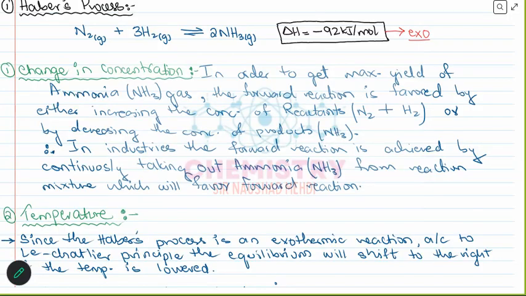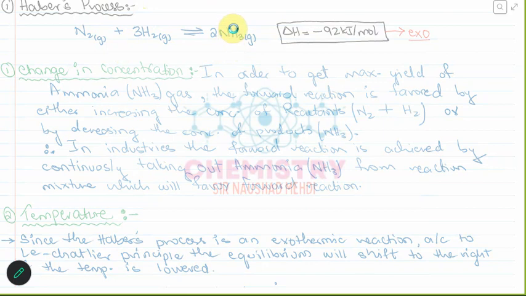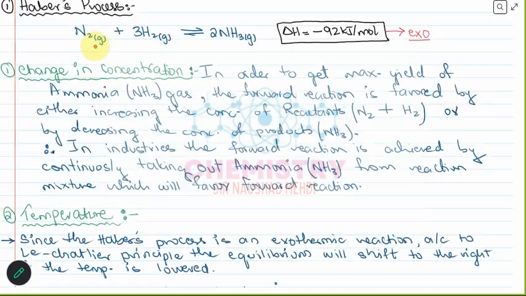For exothermic reaction, decreasing temperature will favor the forward reaction. And by decreasing the temperature, when the reaction moves in the forward direction, you will get a higher yield of ammonia gas. So it means that for Haber process, the temperature should be kept low. Okay, understood? Yes or no? The temperature should be kept low.